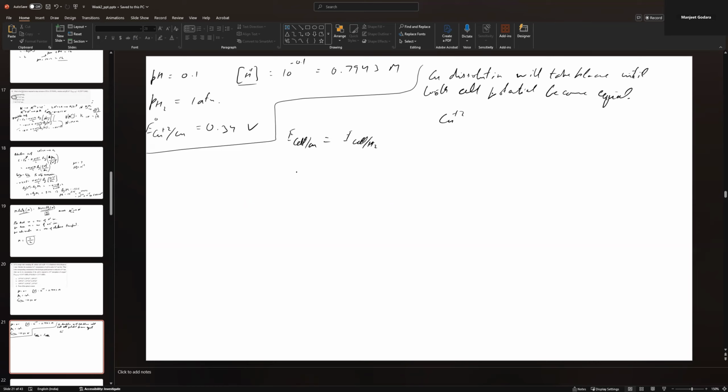Copper half reaction is Cu2 plus plus 2 electrons gives Cu, and 2H plus plus 2 electrons gives H2.